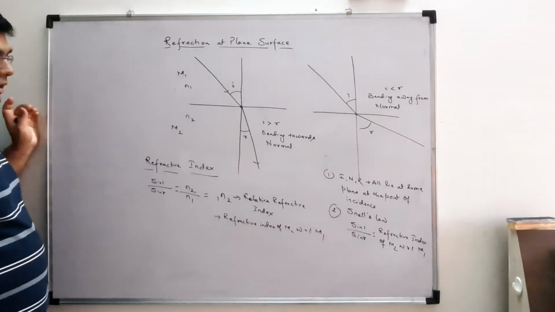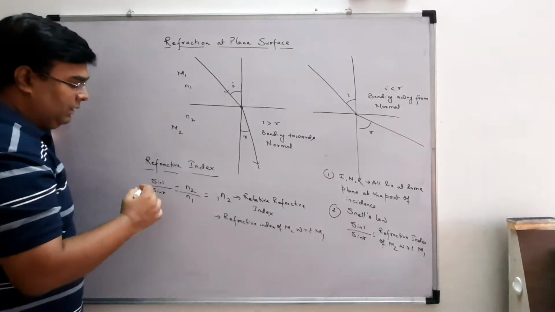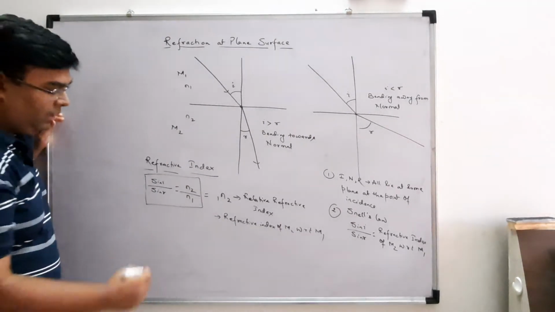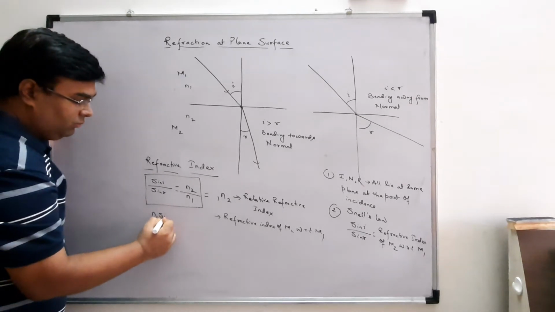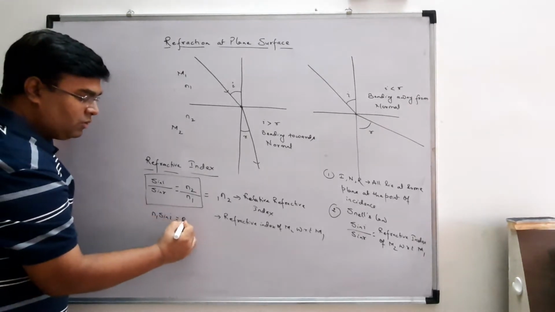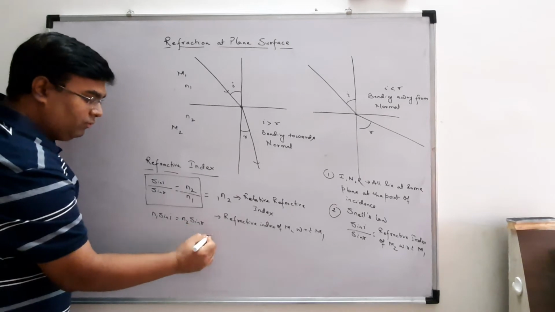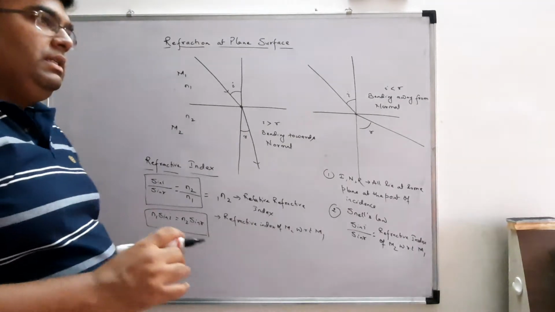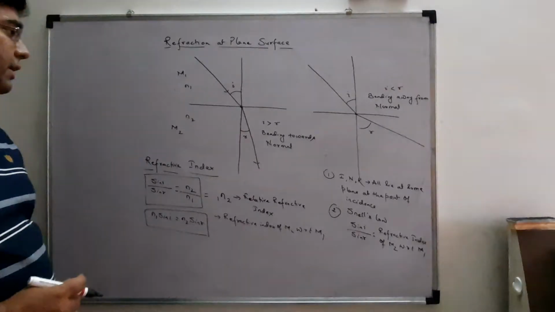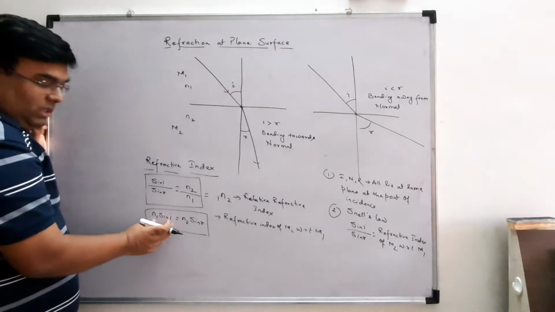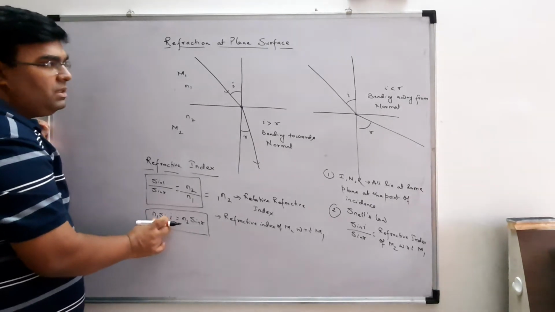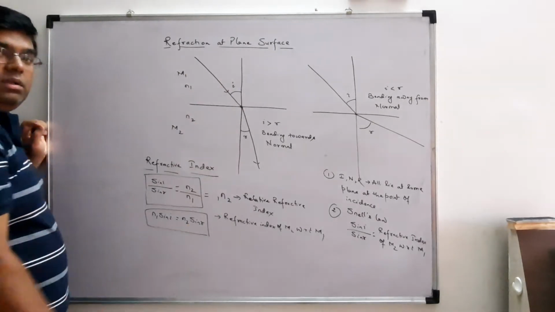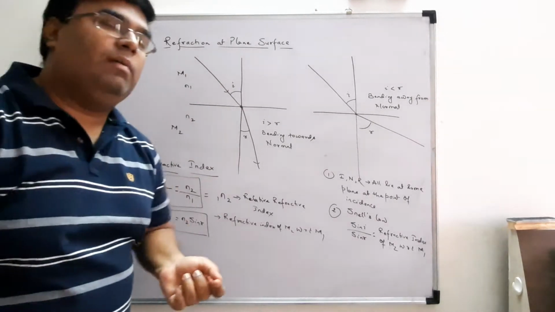I usually write this equation in the form N1 sin I is equal to N2 sin R. Why? Because it is easy to remember the other formulas also. Now let's understand what this is. N1 sin I: N1 is the refractive index of medium 1, and I is the angle in that medium only.